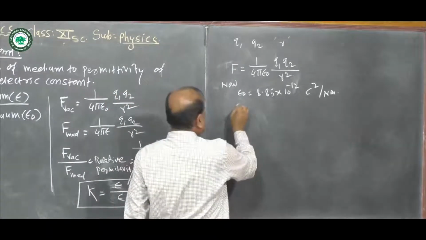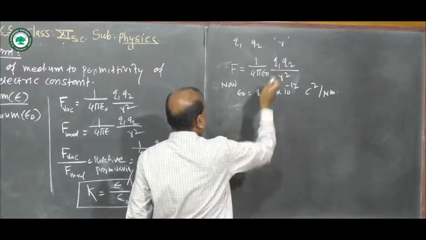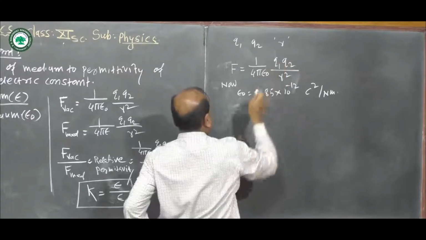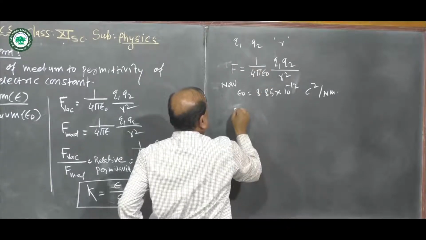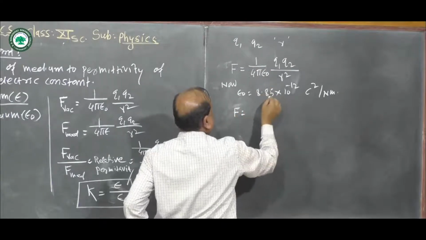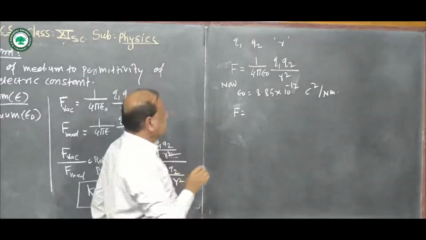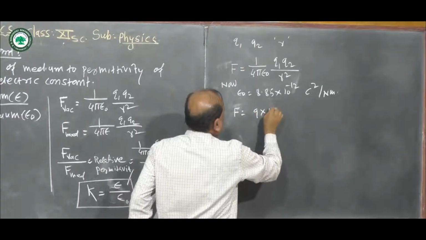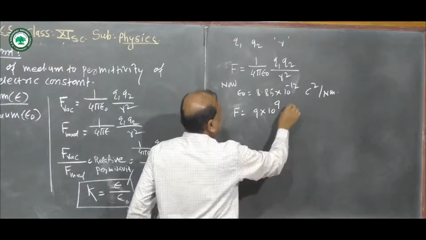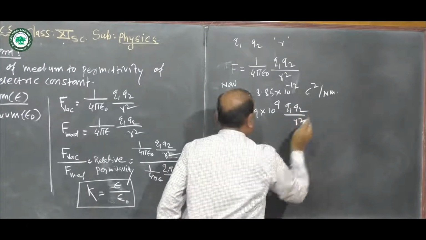After putting in the value of epsilon 0, 8.85 into 10 raised to minus 12, we get 9 into 10 raised to 9, times Q1 Q2 upon R square.